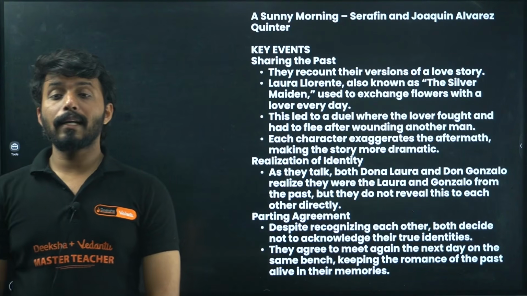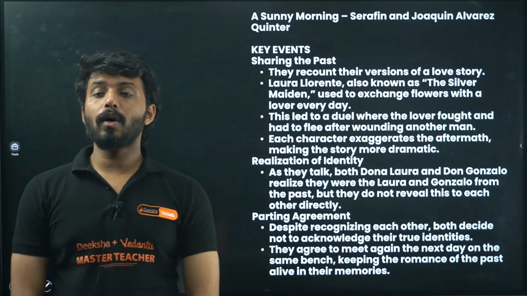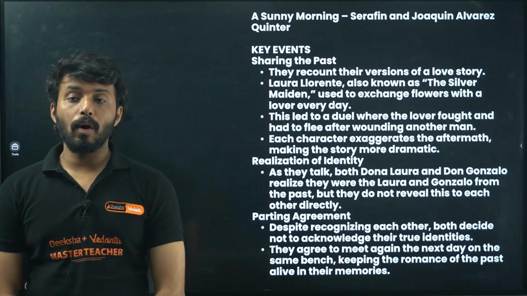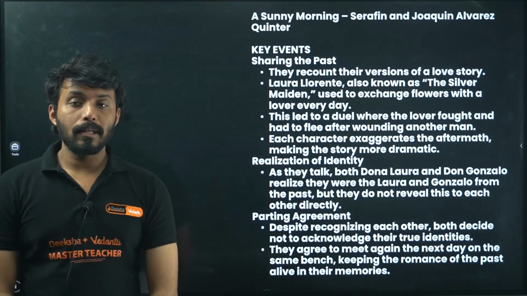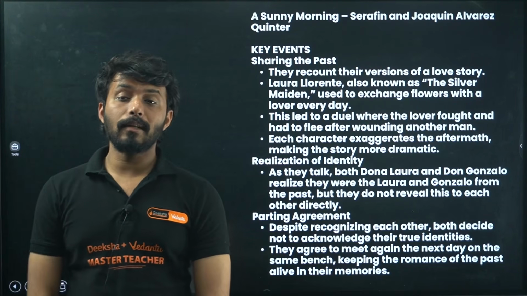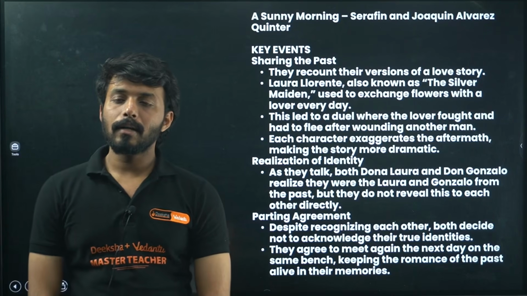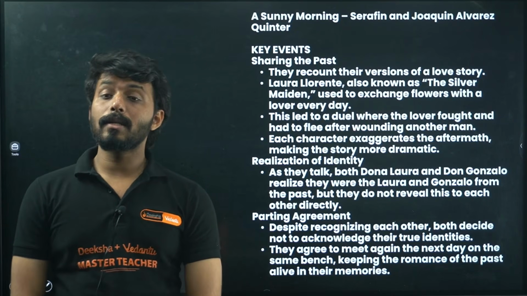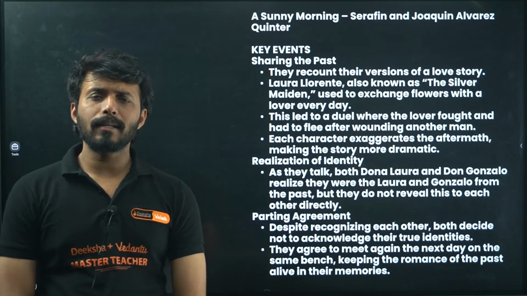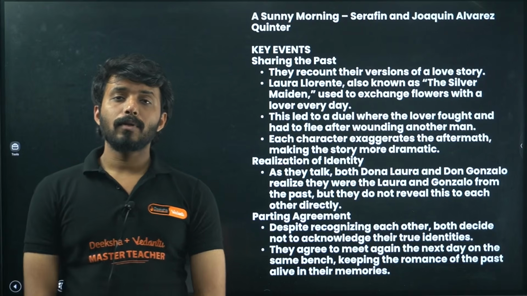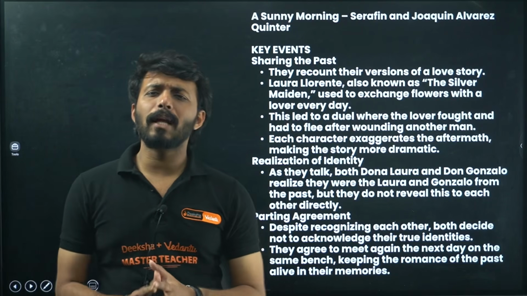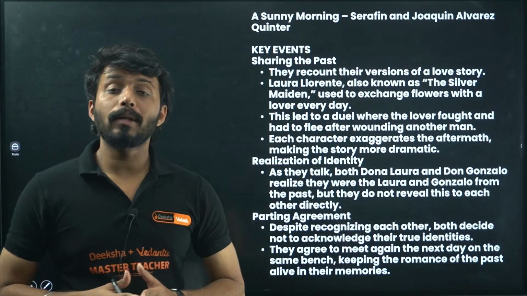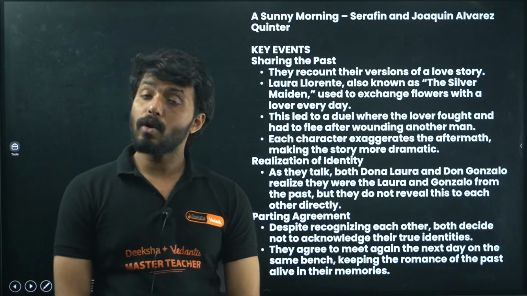The realization of identity. As they talk, both Donna Laura and Don Gonzalo realize they were Laura and Gonzalo from the past, but they do not reveal it to each other directly. Parting agreement. Despite recognizing each other, both decide not to acknowledge their true identities. So why is that? They just playfully act like they do not know that the other person is the long lost lover.